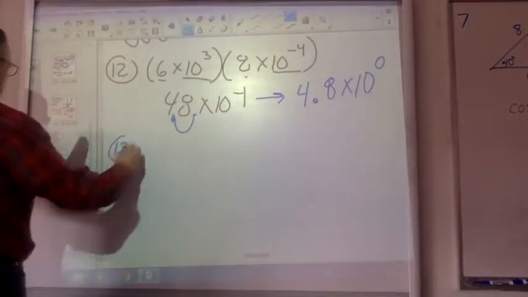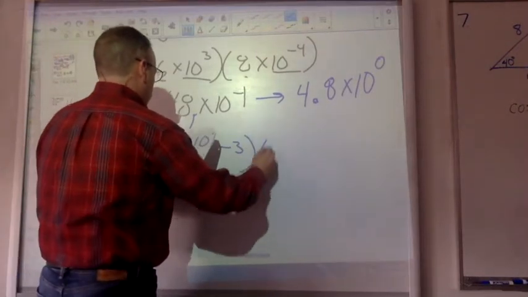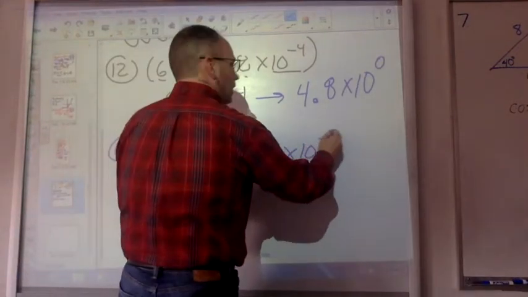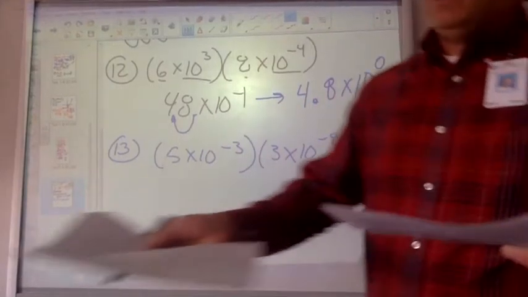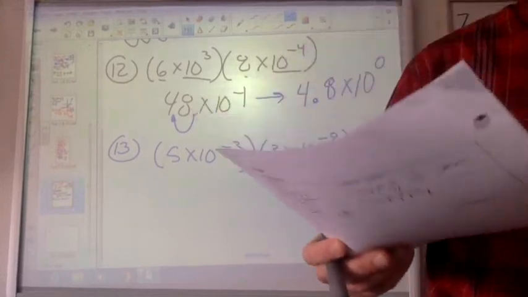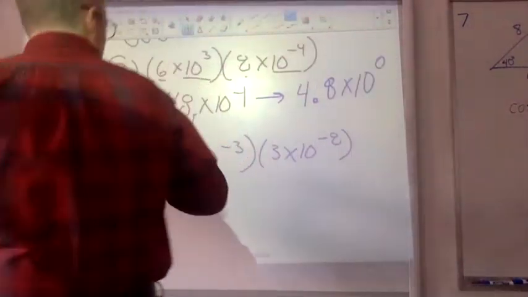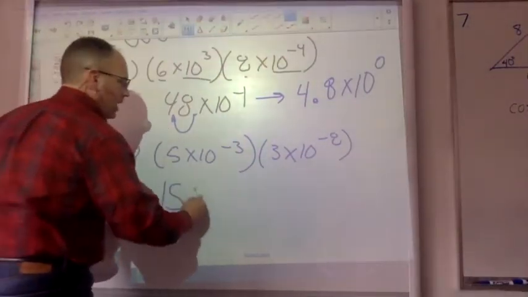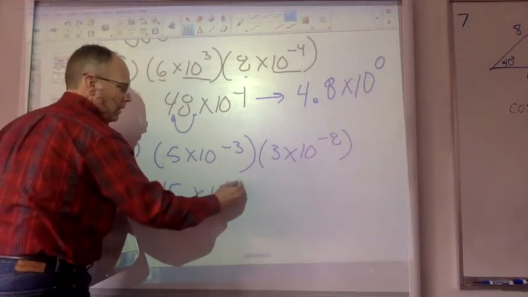13. 5 times 10 to the negative 3. 3 times 10 to the negative 8. That's going to give me 15 times, like bases, just add them, so I get 10 to the negative 11.